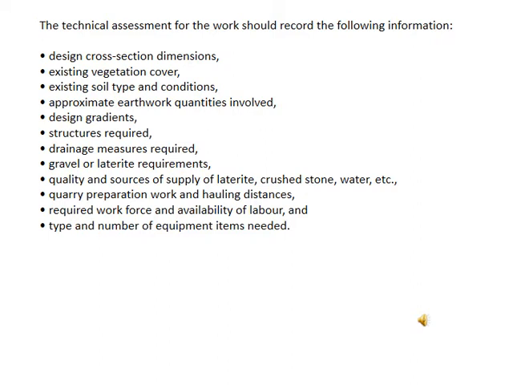Those records must include the following information: the design cross-section dimensions, existing vegetation cover, existing soil types and conditions, approximate earthwork quantities involved, design gradients, structures required, drainage measures required, gravel or laterite requirements, quality and source of the supplies of laterite, cut stone, water, quantities of preparation of work, hauling distance, labor force and availability of labor, and the numbers of equipment items needed. Those things have to be technically assessed.